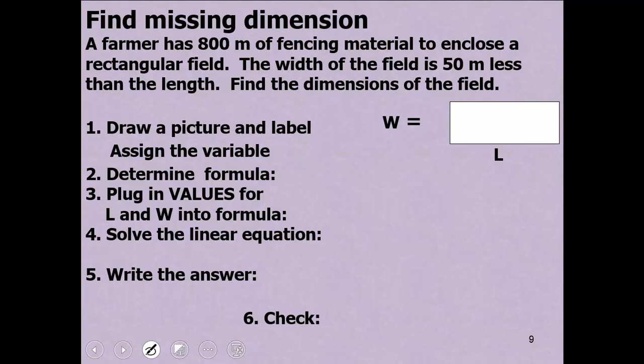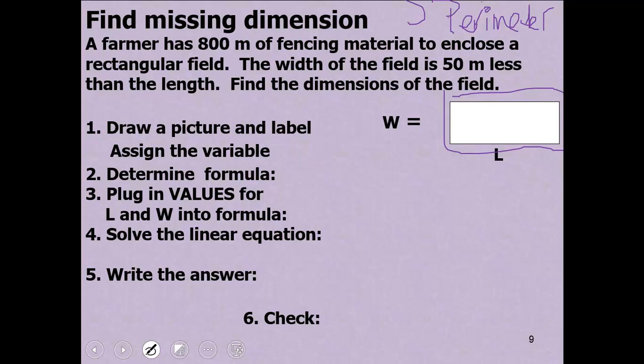Okay, let's get our variables set. A farmer has 80 meters of fencing material to enclose a rectangular field. Anytime you're going around something, you're talking perimeter. Perimeter is going around the outer edges.